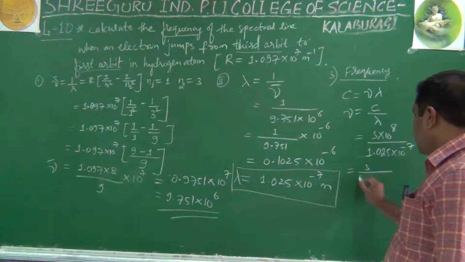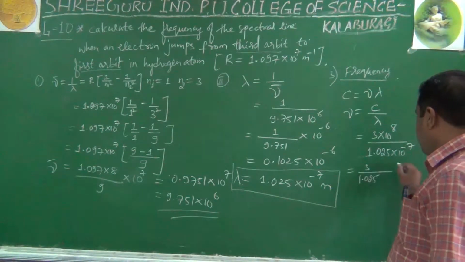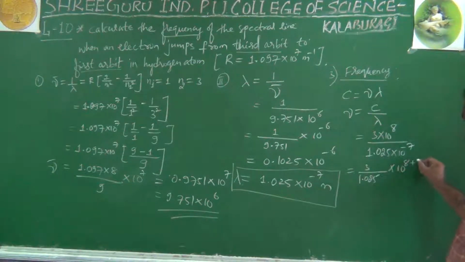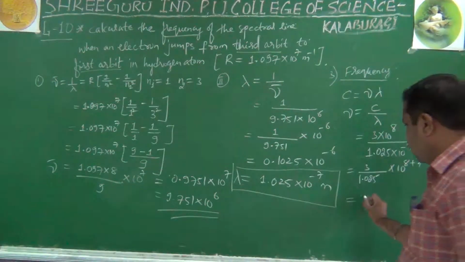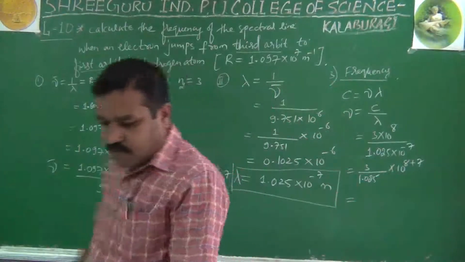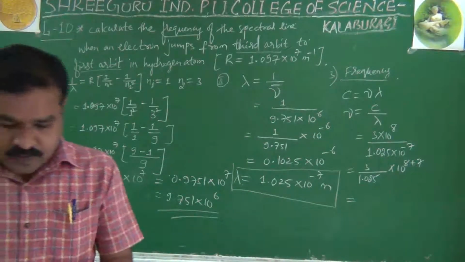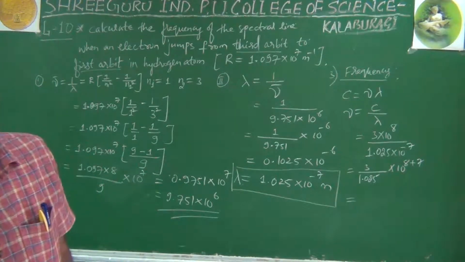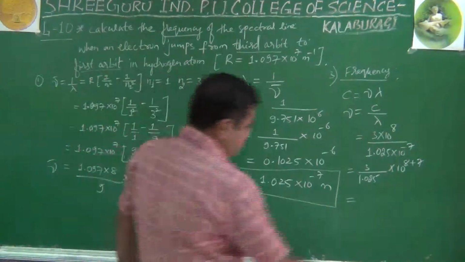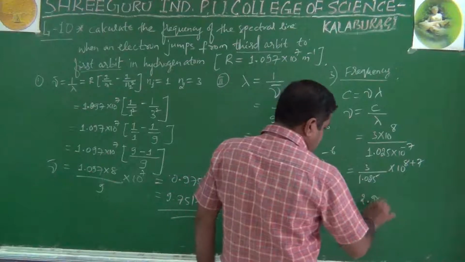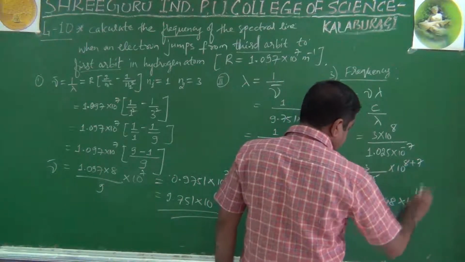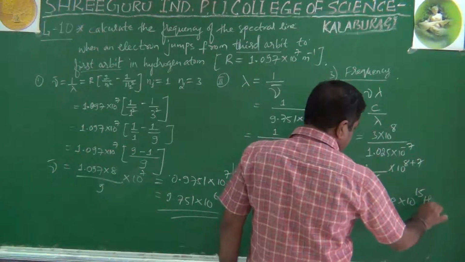So 3 divided by 1.025 into 10 to the power 8, if you take the upper side, it will become plus 7. So 3 divided by 1.025, we will get 2.9248, that is 2.9248 into 10 to the power 15 hertz.